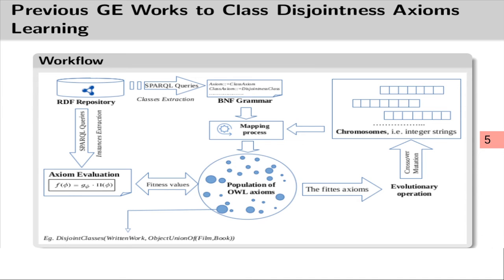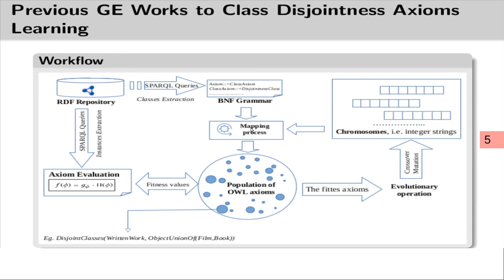In the generation of the axioms, an initial population of class disjointness axioms is created. These axioms are the phenotype, mapped from the genotype in the form of an integer string. The BNF grammar plays an important role in formalizing the axioms, and also in expressing the facts contained in the RDF repository.